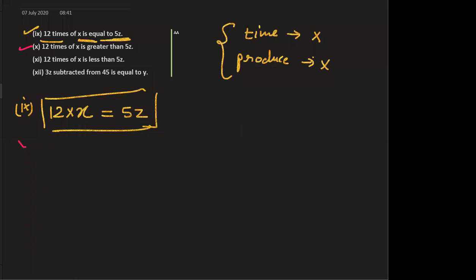Next, 10th. 12 times of x is greater than 5z. So this is greater. If this is greater, then we have to use this sign. So 12 times of x is greater than what? 5z. It's not equal to, it's greater than. 11th. 12 times of x is less than 5z.